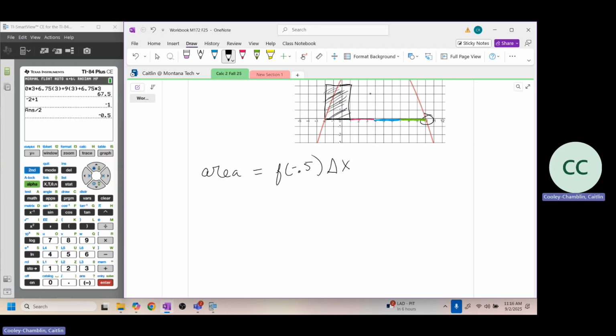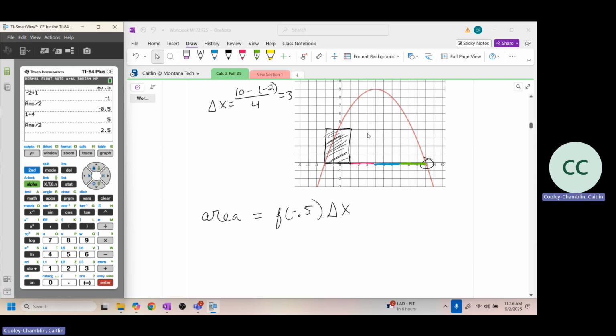Okay. And then my next rectangle starts at 1 and ends at 4. So 1 plus 4 divided by 2, so I'm going to go to 2.5, and that's going to be where I evaluate this rectangle. So at 2.5 all the way up to the curve, I'm going to go 1.5 on either side of this.